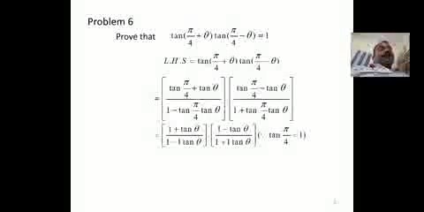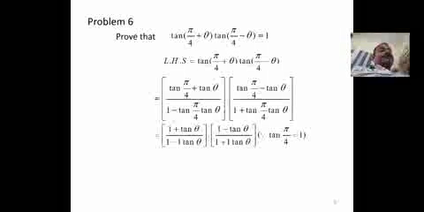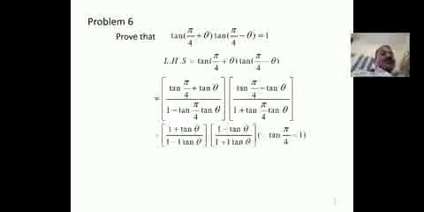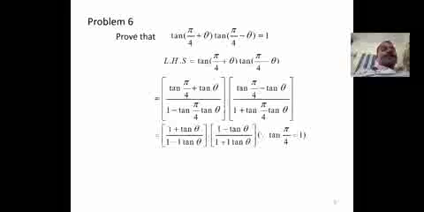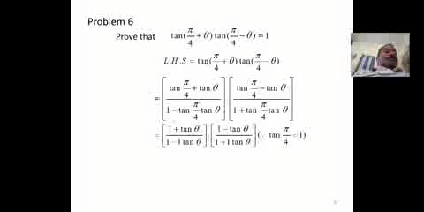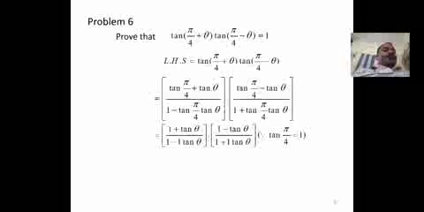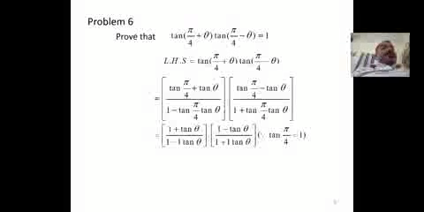Tan pi by 4 minus theta is 1 minus tan theta by 1 plus tan theta. Sometimes we use these as principles in later problems. These two are the principles.